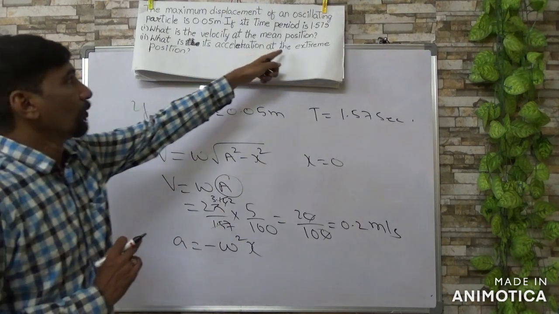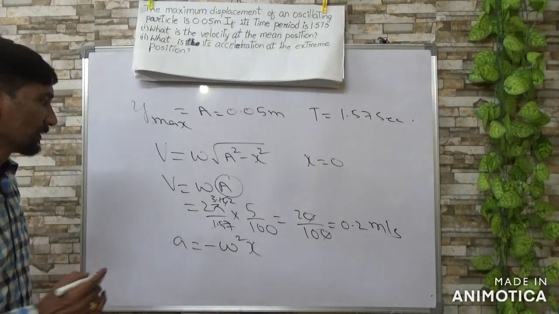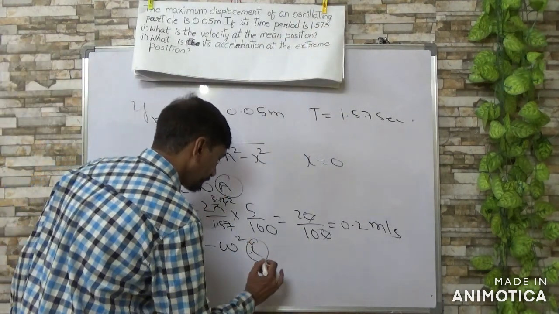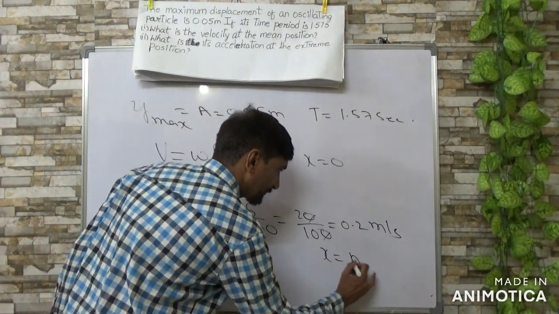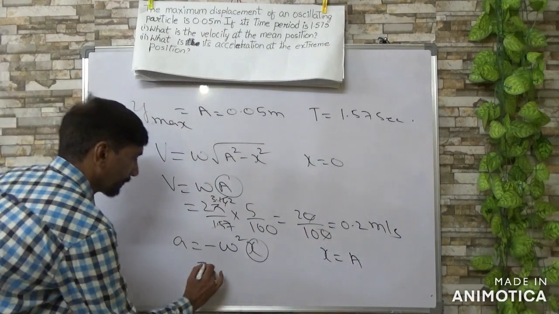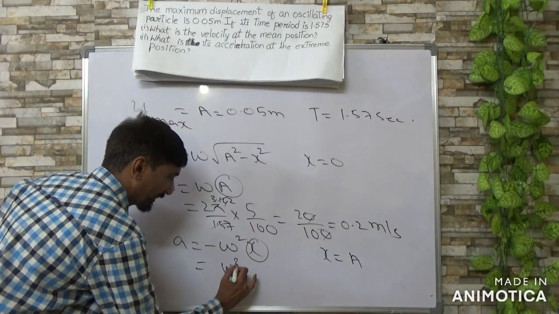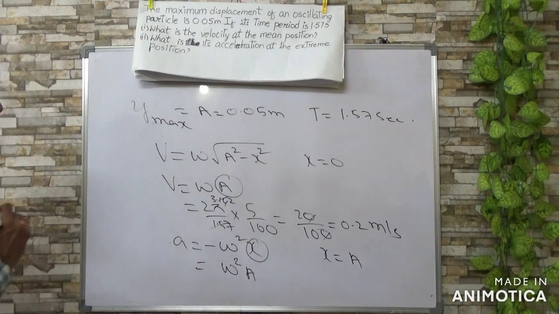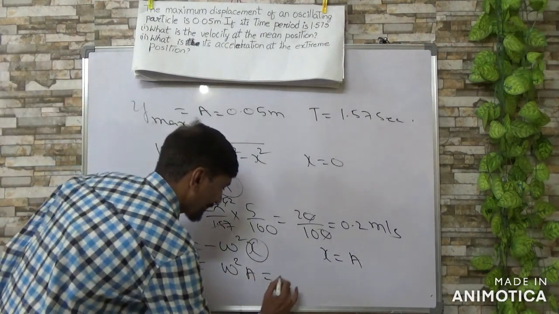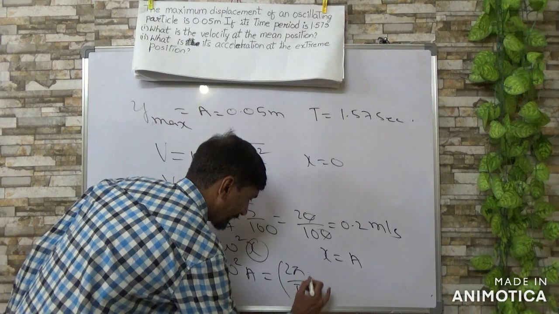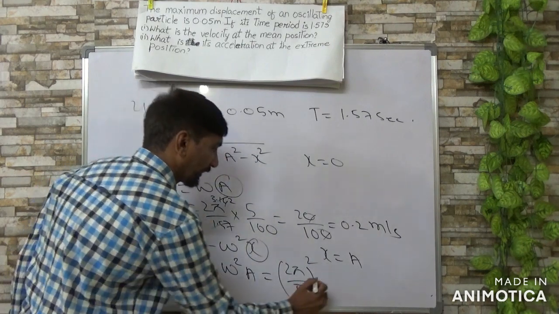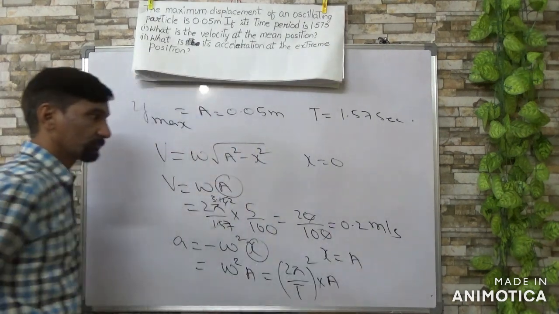Here you want it at the extreme position, nothing but amplitude only, so minus omega square a. So omega square a, where omega is taken as 2 pi by capital T whole square into amplitude.